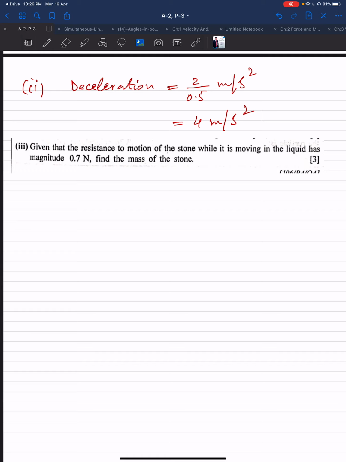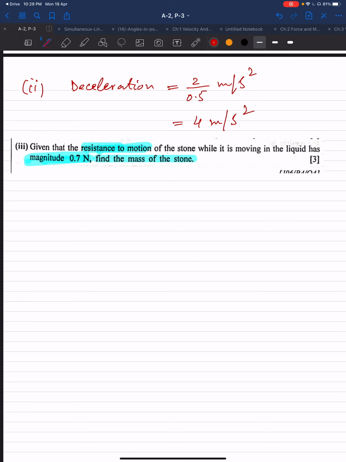We are saying given that the resistance to motion of the stone while it is moving in the liquid has magnitude, this is the resistance given, 0.7 newtons. Magnitude, the resistance to motion, right? And find the mass. You have to find out the mass.